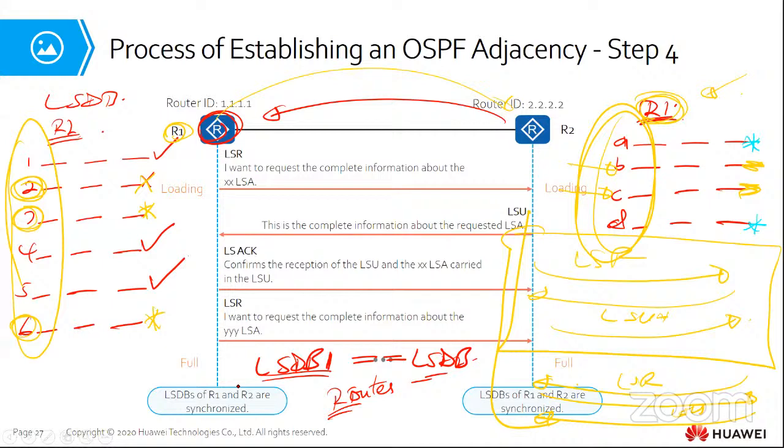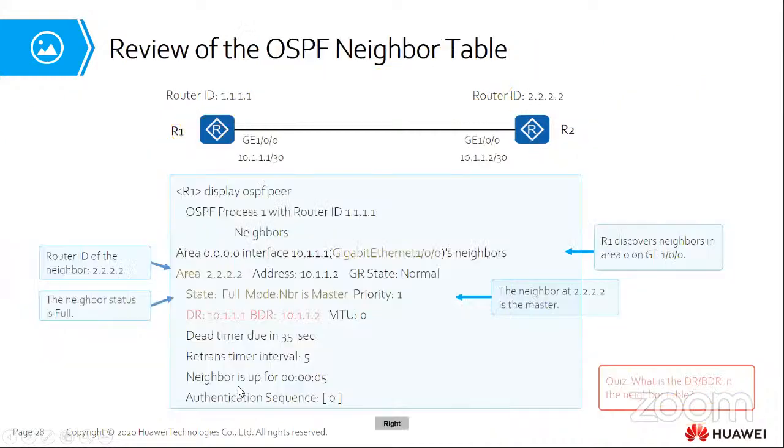Good. So for the neighbor table, you can see it contains the area in which the OSPF neighbor is. This is the area in which the OSPF neighborship has been formed.